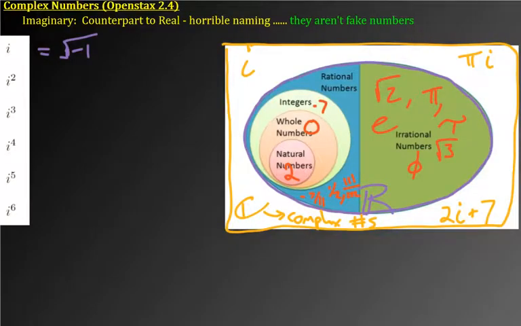So something kind of interesting happens if you do powers of i, okay? If you do i squared, you would just take the square root of -1 and square it, which is -1. And this is actually what a lot of people view as the definition of an imaginary number. They are numbers that when you square them, you get a negative.